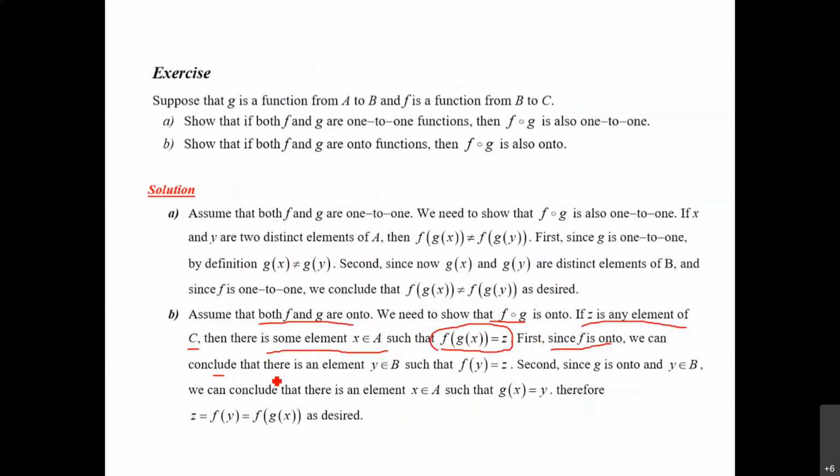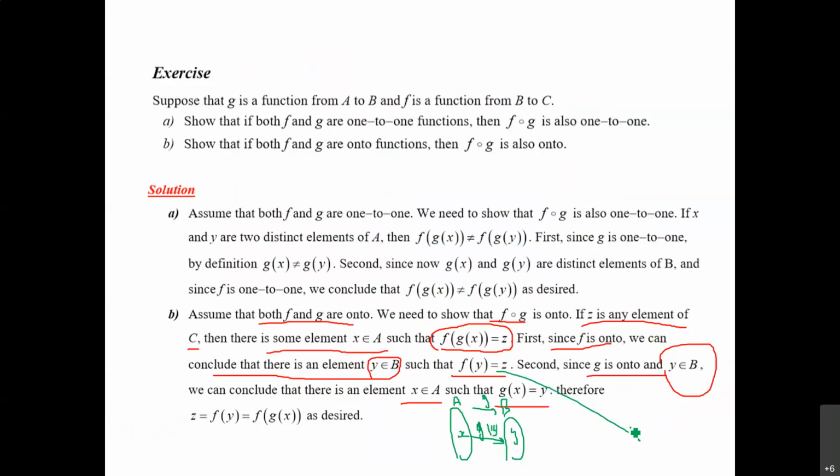Since F is onto, we can find an element Y in B such that F of Y equals Z. This is the definition of surjective for F, which works from B to C. Then, since G is also surjective and Y is in B, we can conclude that there is an element X in A such that G of X is Y. This is again, since this is G working from A to B. And this thing here, this was F, also working from B to C. Z was here.